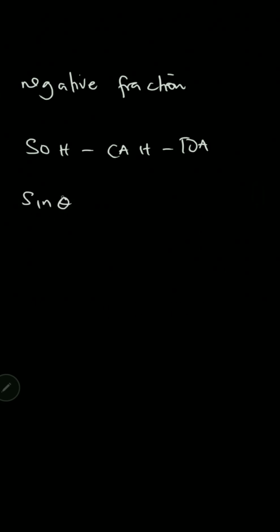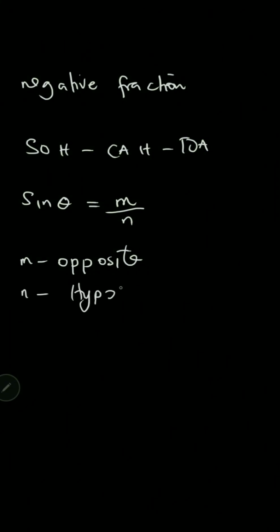Now sine itself is equal to m over n based on what we've been given, and this means that our m is the opposite from what we know. n is simply the hypotenuse.